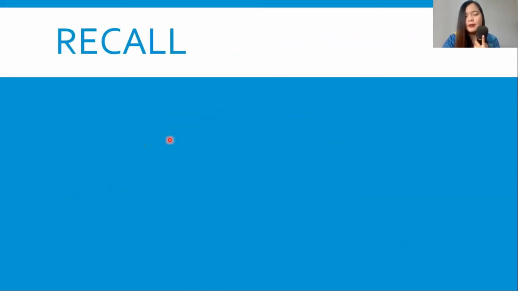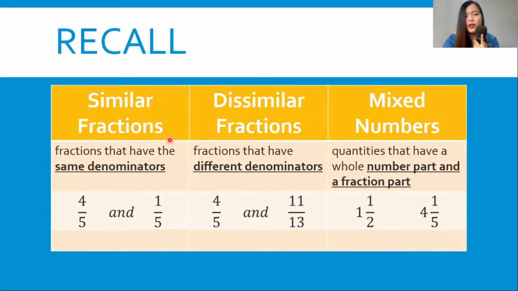But this time, let's recall similar fractions, dissimilar fractions, and mixed numbers. When we say similar fractions, these are the fractions that have the same denominators. For example, 4 over 5 and 1 over 5. Pareho sila na may 5 na denominator.